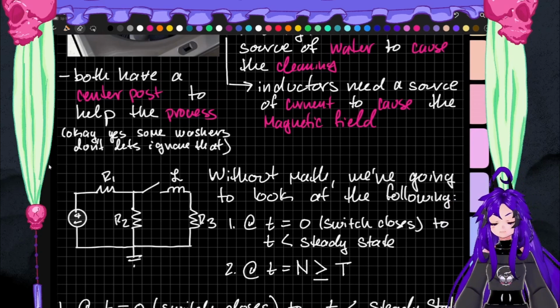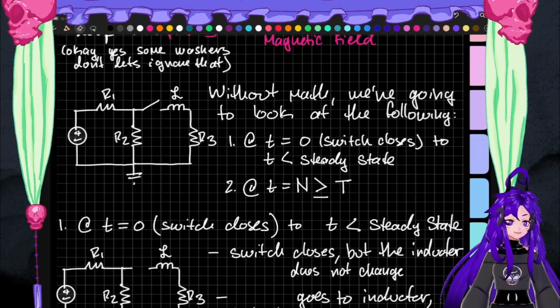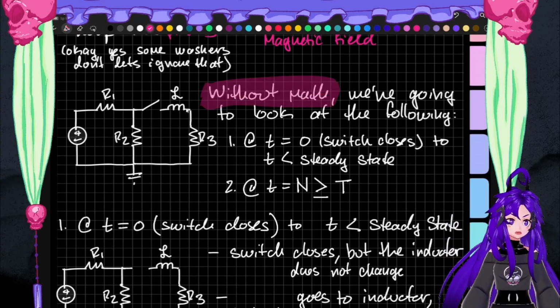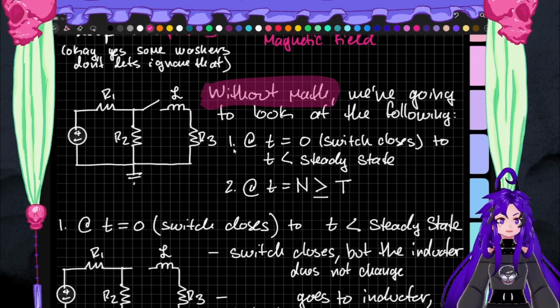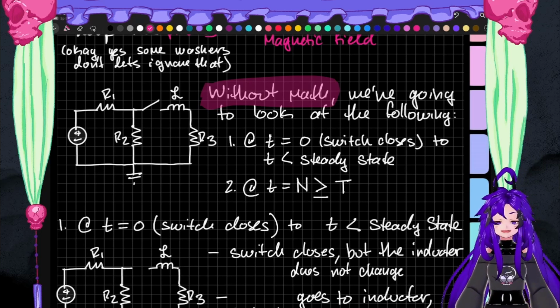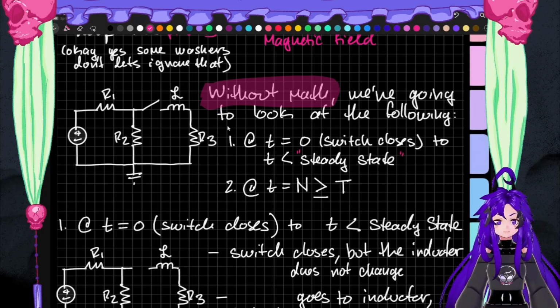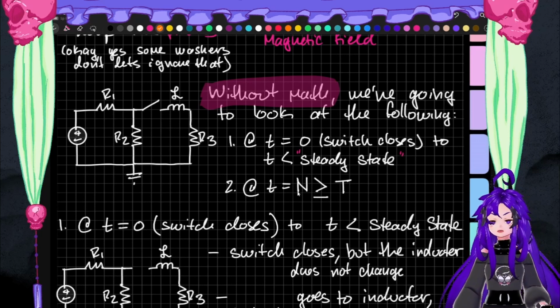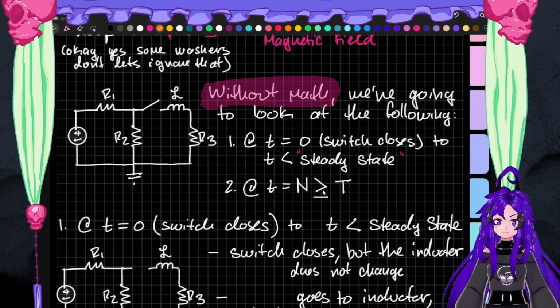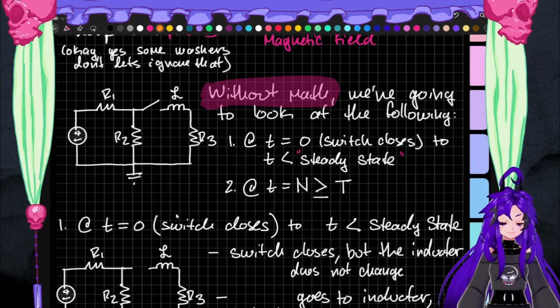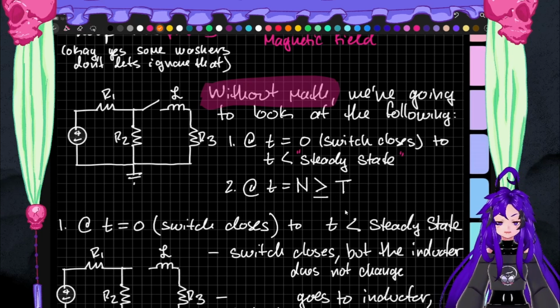So again, avoiding math for now, we're gonna look at the following situations. At t equals 0, the switch closes. And it's gonna stay like this until we reach something called steady state. And then at some t greater than that, we are going to look at it.